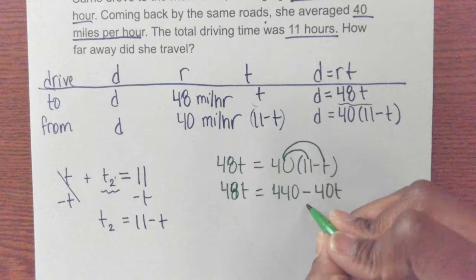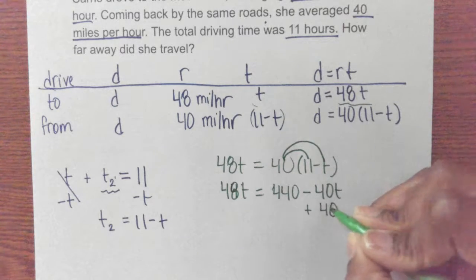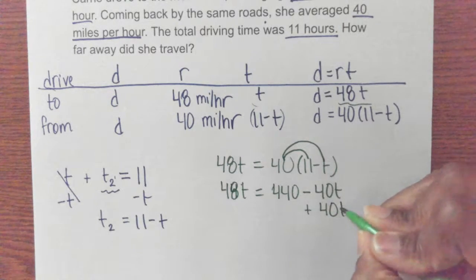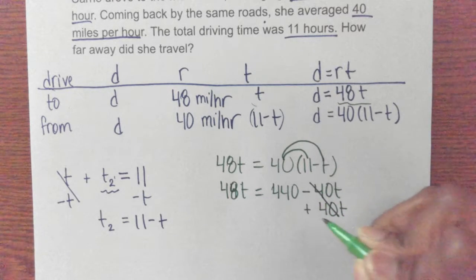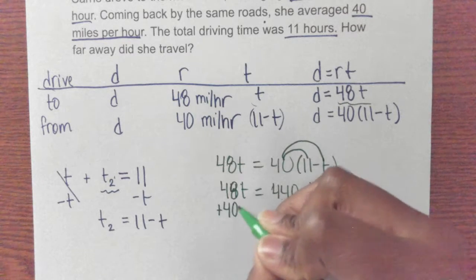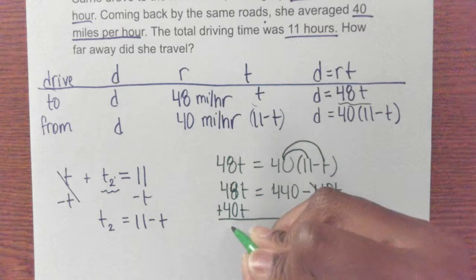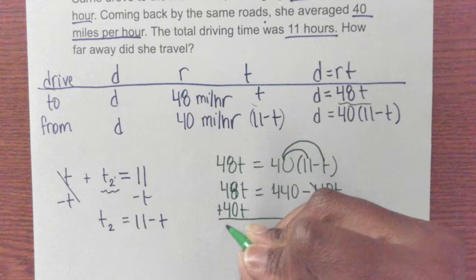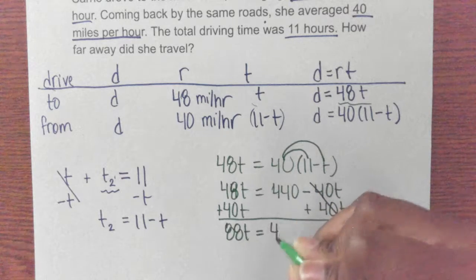I only want variables on one side, so I need to get rid of the variables on this side. In order to do that, I need to add 40t so that those cancel out. Anything I do on this side, I have to do on this side as well. So what I get is 48t plus 40t gives me 88t is equal to 440.